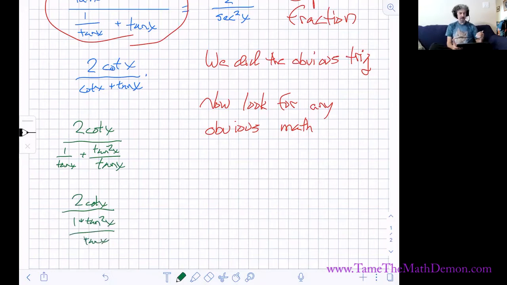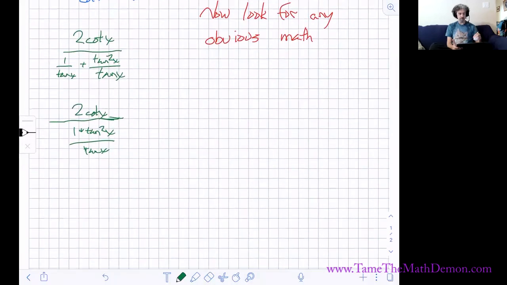And then the next thing you do to get rid of a complex fraction is flip the second and multiply. Remember that? So we have 2 cotangent x over 1 times tan x all over 1 plus tan squared.